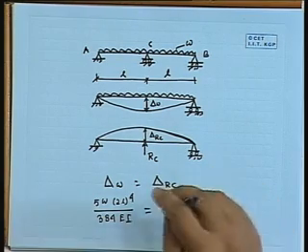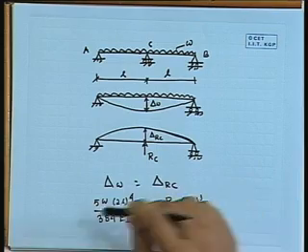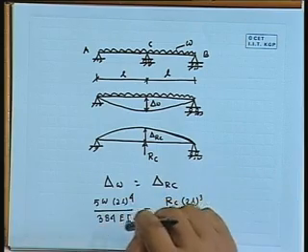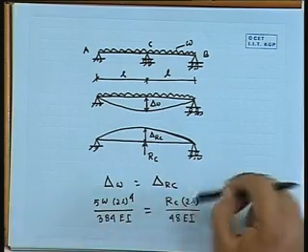So, it is PL cubed by 48 EI, and this will be 5 omega L to the power 4 by 384 EI. Only L part in this problem is equal to 2L, just we have substituted that.